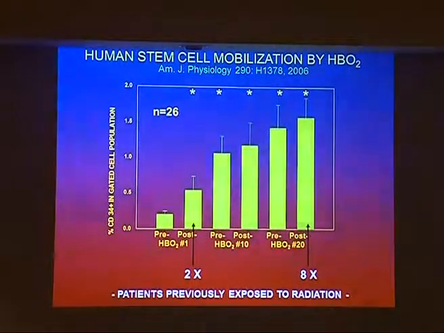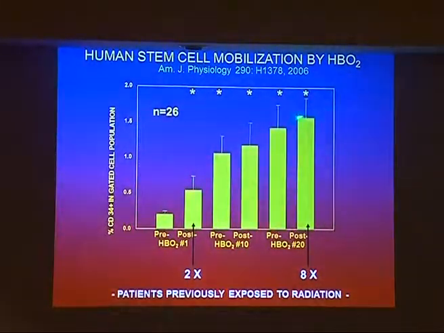Now, if you're a human and not a mouse, maybe you're interested in this data. This was looking at patients that were getting hyperbaric oxygen treatment for radiation injury in the periphery. The protocol was drawing blood before and after the 1st, the 10th, and the 20th hyperbaric treatment.